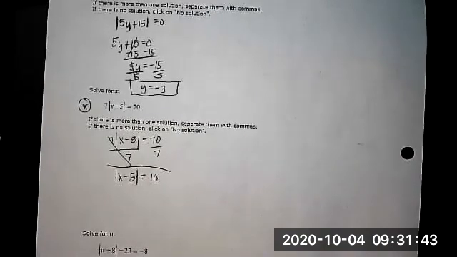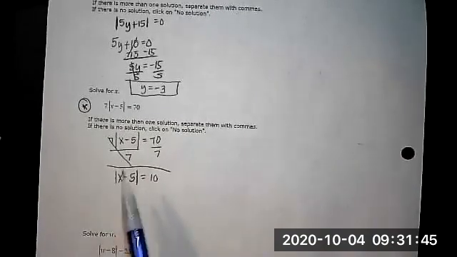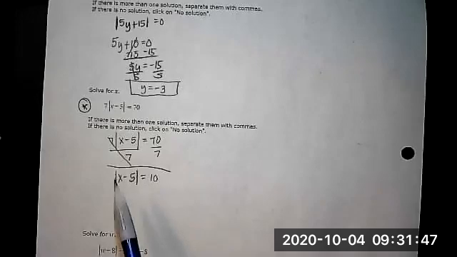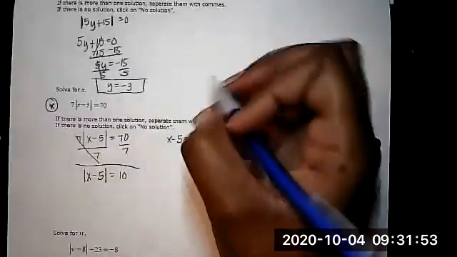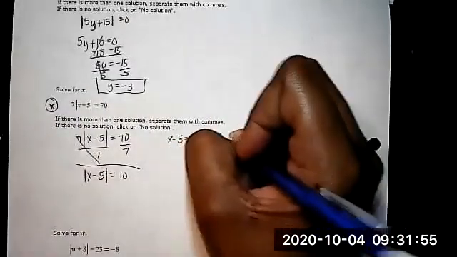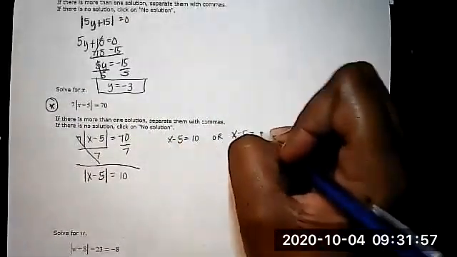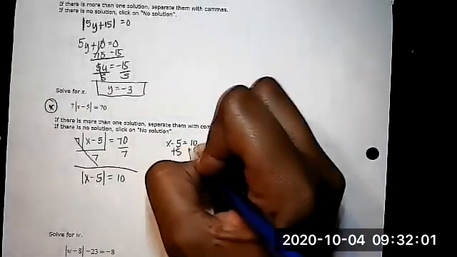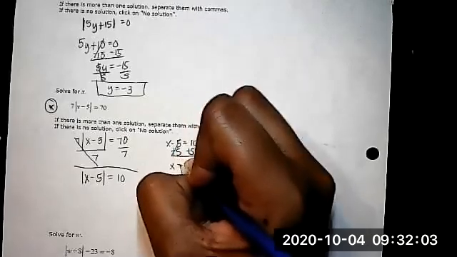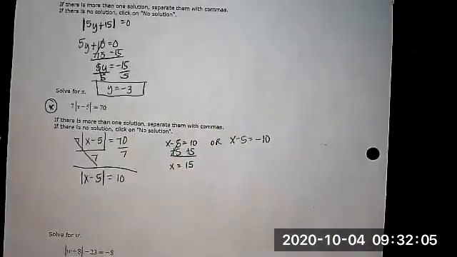Now that I have the absolute value equal to a positive number, I'm going to solve it by taking x minus 5 out of the absolute value. x minus 5 is equal to positive 10, or x minus 5 equals negative 10. Add 5. One of your values is 15.